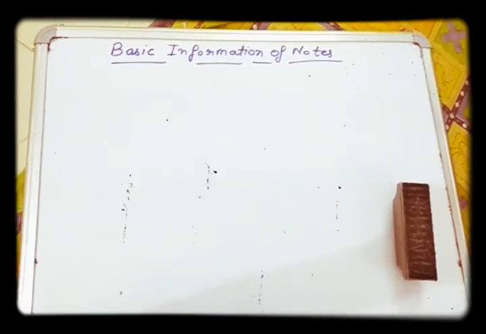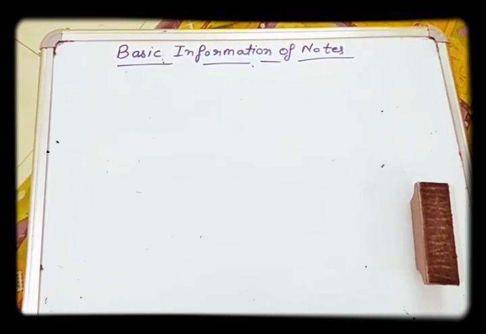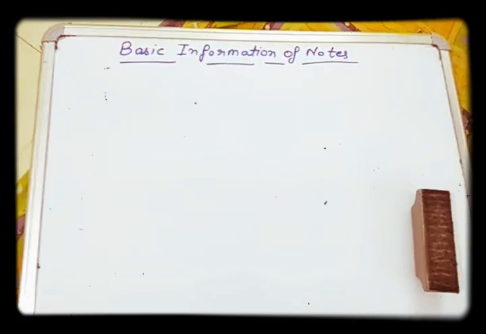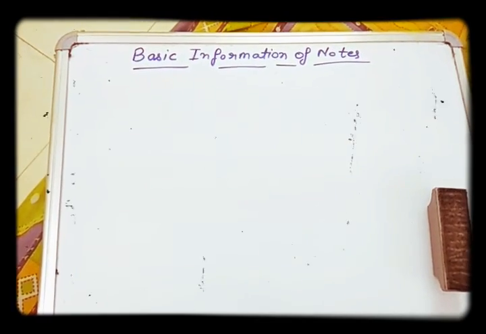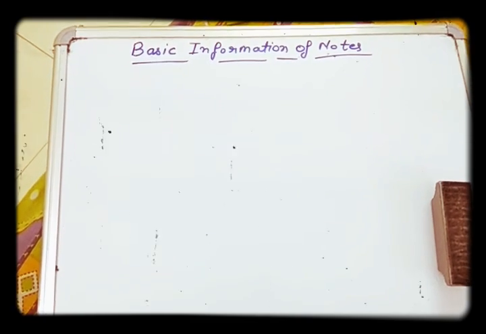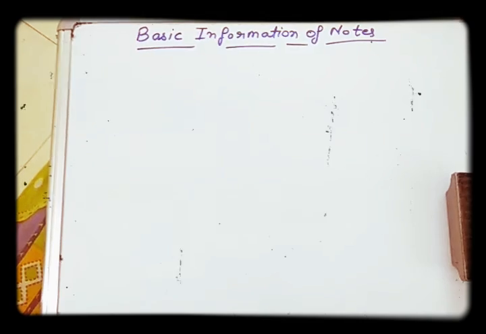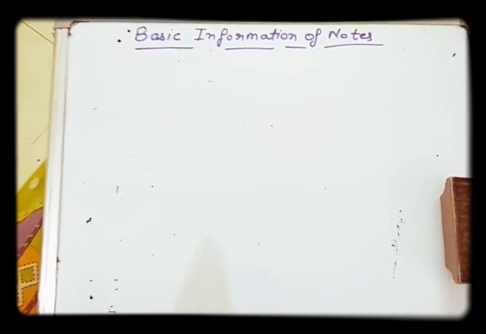Today I have some very important information about the musical notes. What I'm going to share today is the basic information of notes: how you can identify notes on guitar, how you can identify notes on keyboard or harmonium, and how you can correlate them.